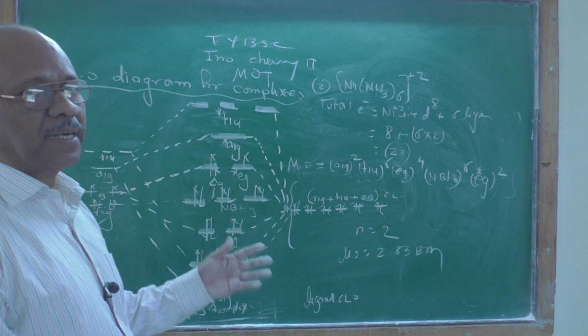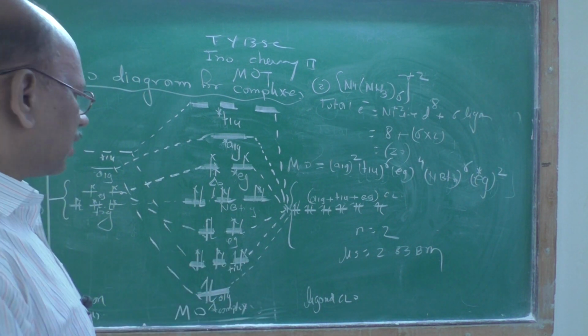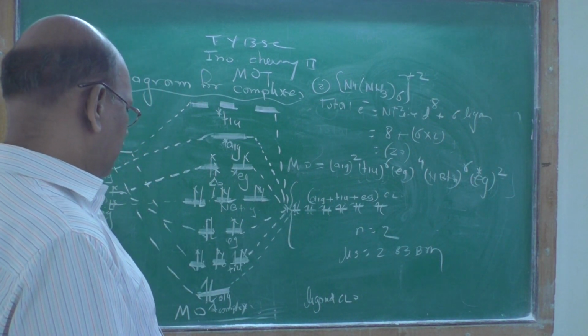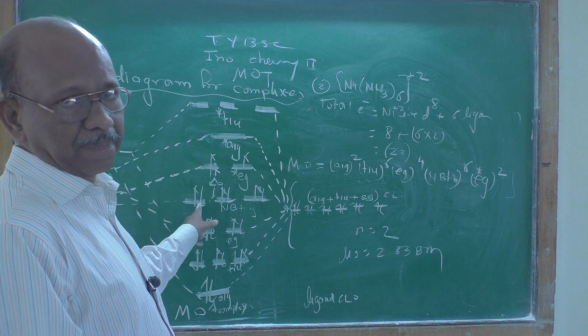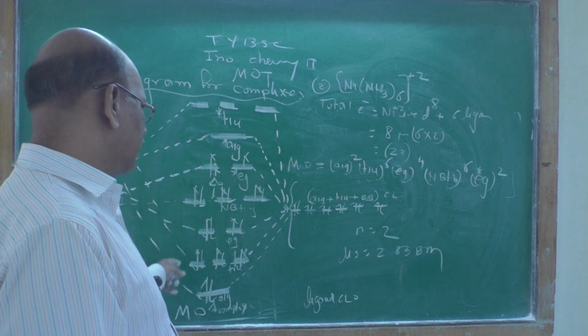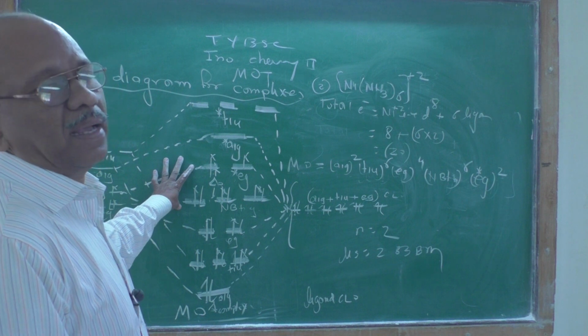In the first example, titanium, total 13 electrons are there. These are 12, here 1 electron is there, and that 1 electron entered here. In the nickel complex, 20 electrons are there: 12 electrons of ligand and 8 electrons filled by Hund's rule.